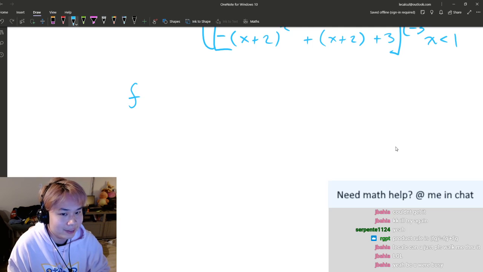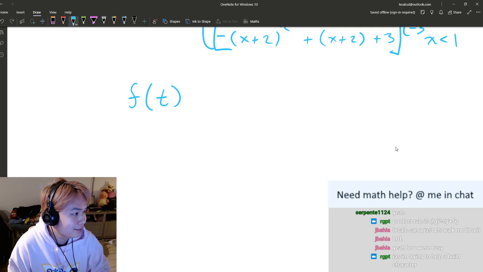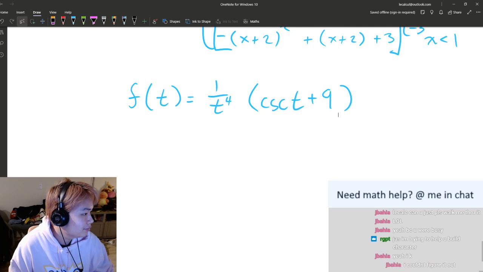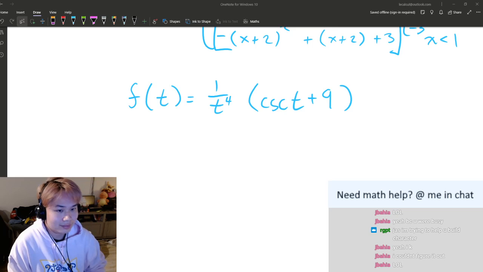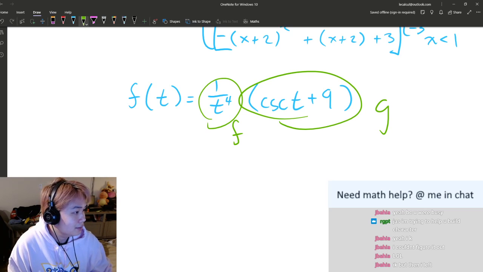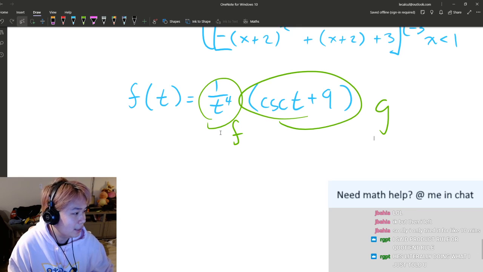This is the same question I left you at like half an hour ago. So this is F, and then this is G. So it's a product, and then you can use product rule. So just take the derivative of each one. You should be able to do that.